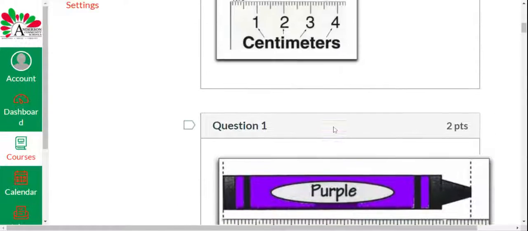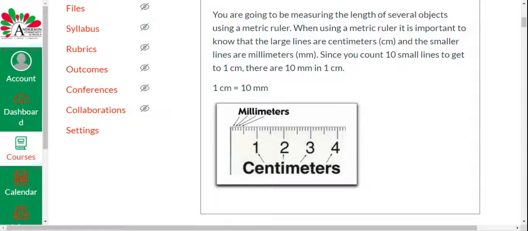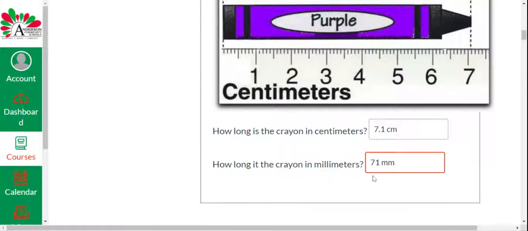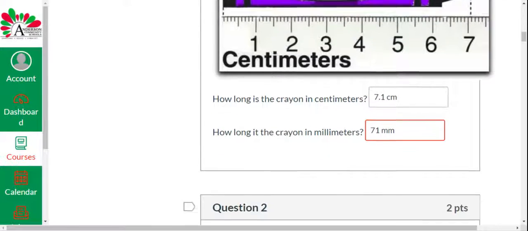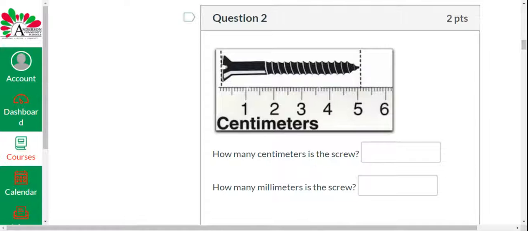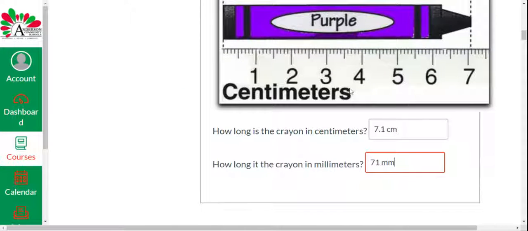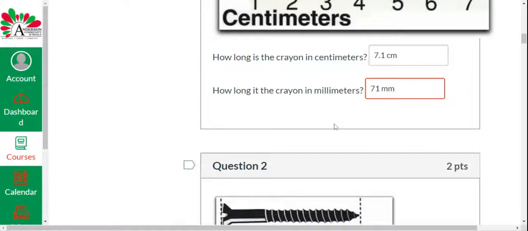Or if you know that 10 millimeters is 1 centimeter, and 1 centimeter equals 10 millimeters, then 7.1 centimeters is 71 millimeters. Now, there were some people who just put 7. As long as there was a reasonable amount of error, I took it. If you had 7 centimeters and then 71 millimeters, I didn't give you credit for that. But if you had 7 centimeters and 70 millimeters, I did give credit for that on the first assignment.